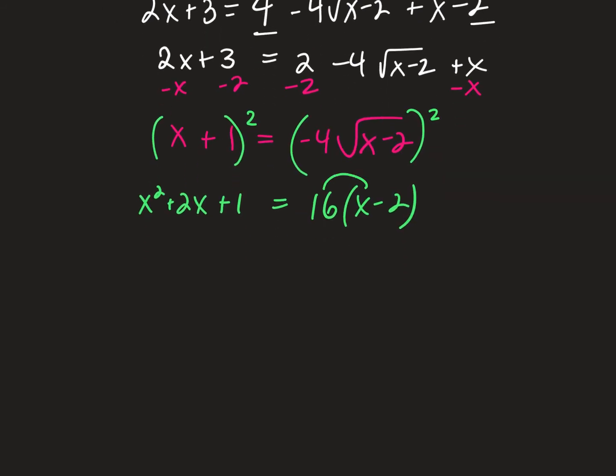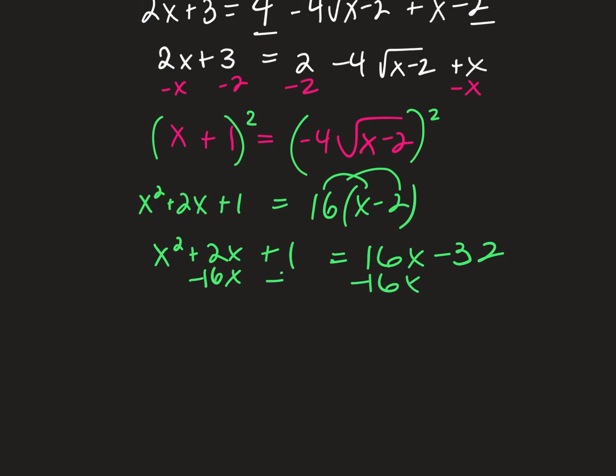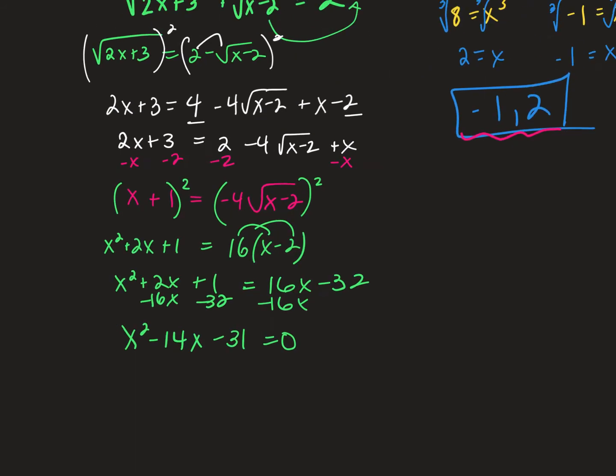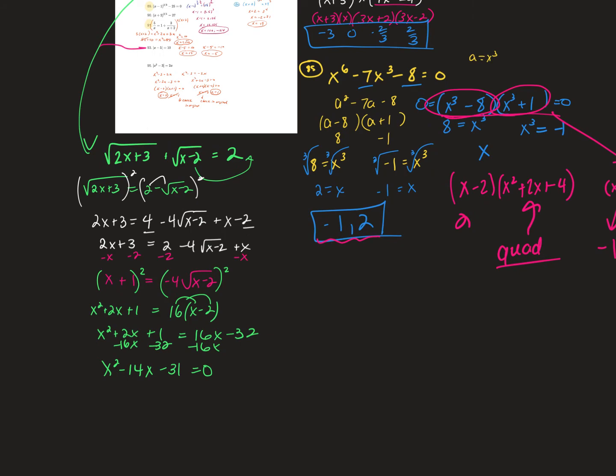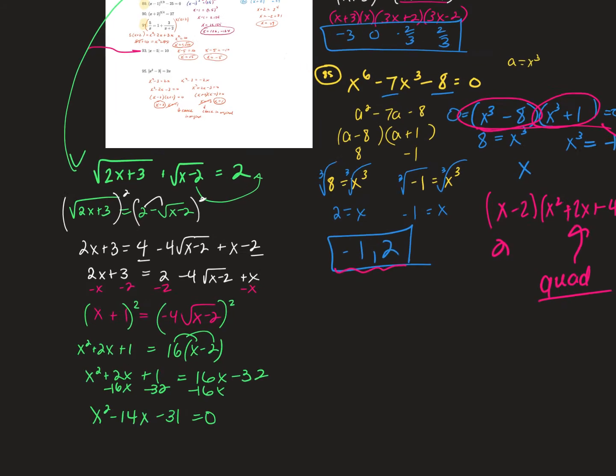Okay, then distribute this. And then subtract the 16 and the 32. And then there's no factors of negative 31 that sum to negative 14.